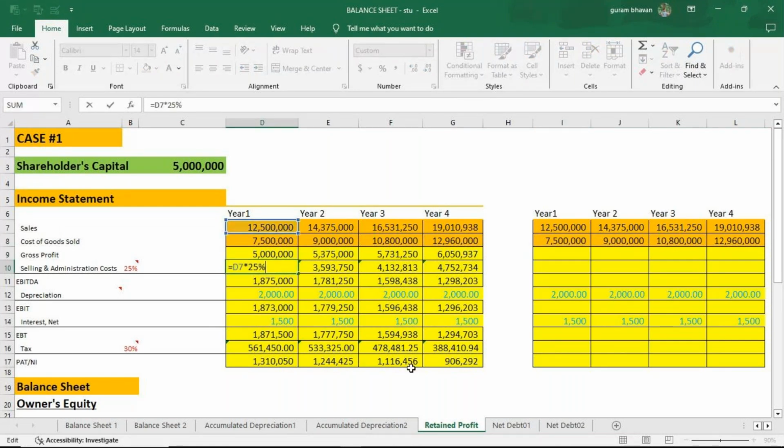So that is the sales value, the revenue, into 25%.